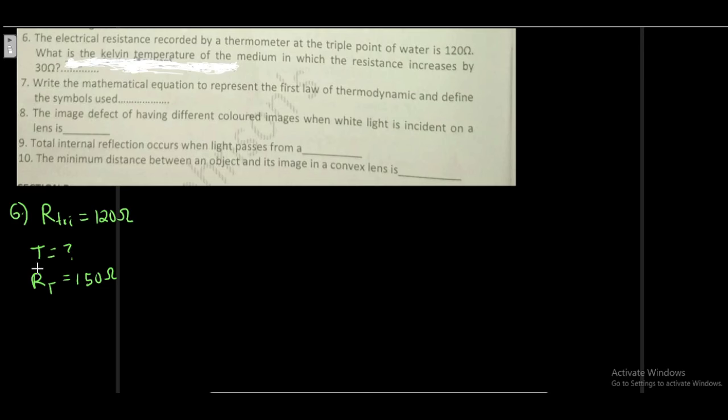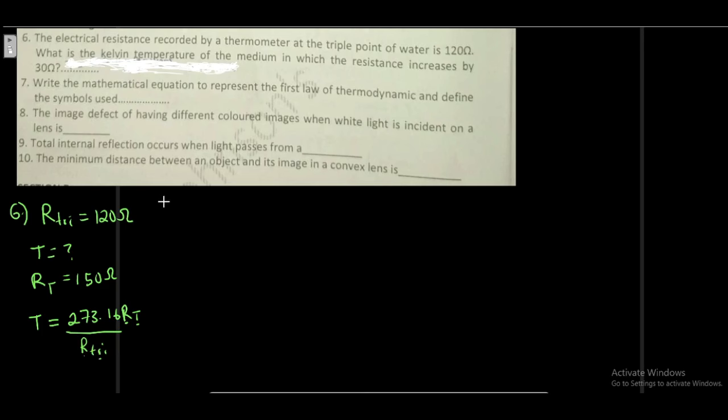Now to calculate the Kelvin temperature, we're going to make use of the equation T equals 273.16 R_T all over R_TR, where this is the resistance at the unknown temperature and this is the resistance at triple point of water.